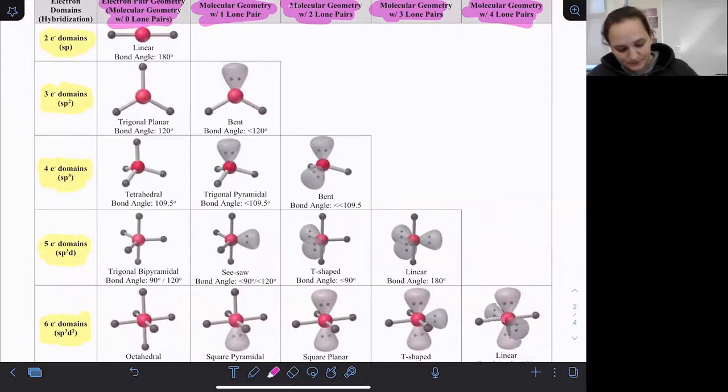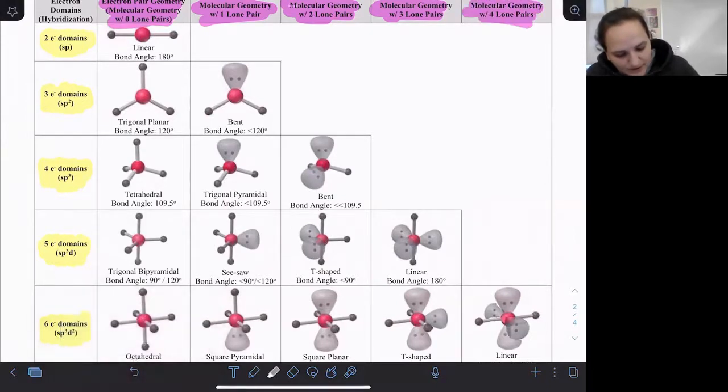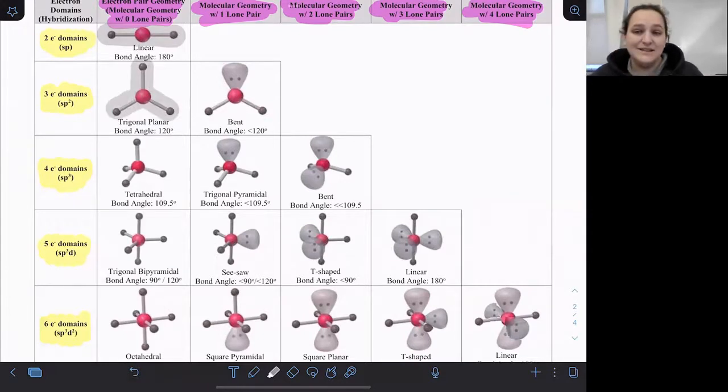So in the case of a linear molecule, it is talking about all 3 of my atoms creating a straight line. In the case of trigonal planar, all of my atoms lie in the same plane, is what the planar part of that means. Trigonal meaning my peripheral atoms point to the corners of a triangle.